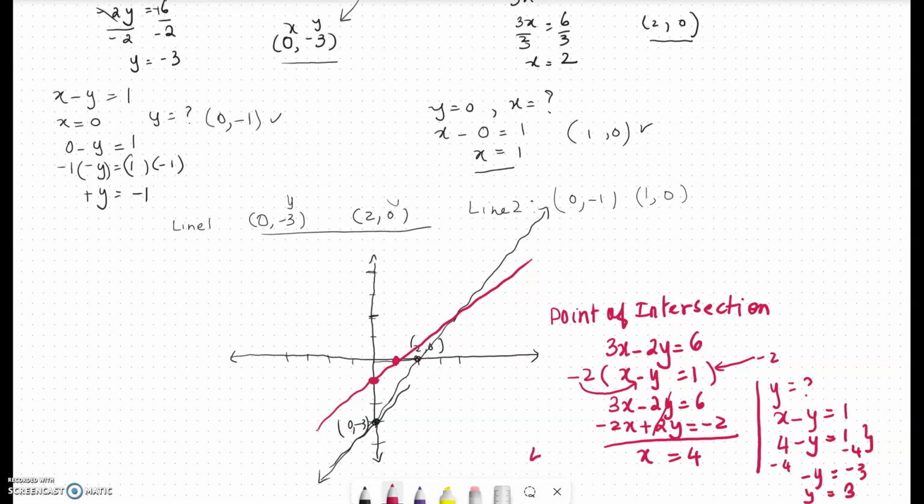So 4 comma 3 is the point of intersection. So if the graph was exact, it would be 4 and 3. It would intersect somewhere here. So we need to draw a proper graph. Obviously, when you use your system, it's going to be exact.